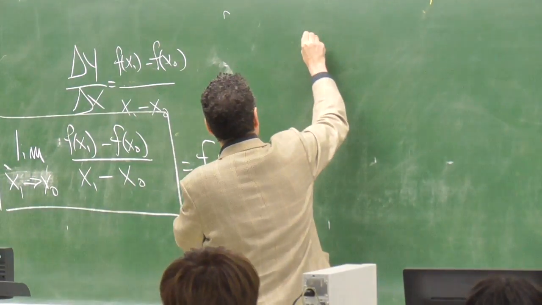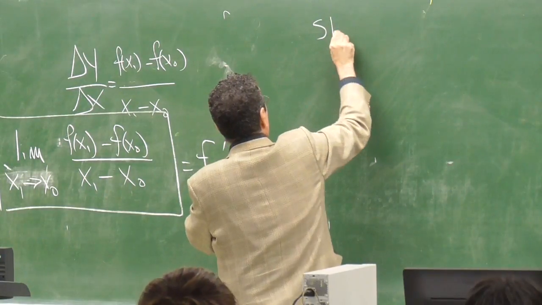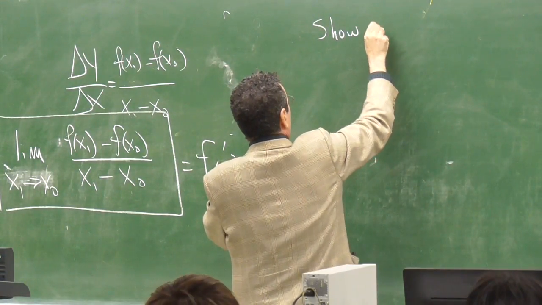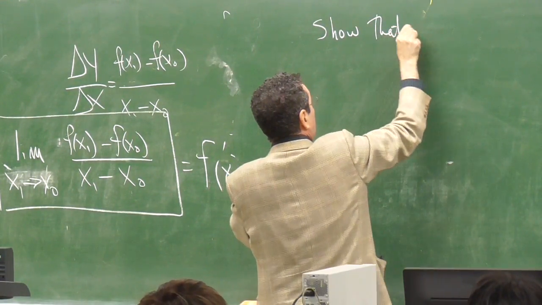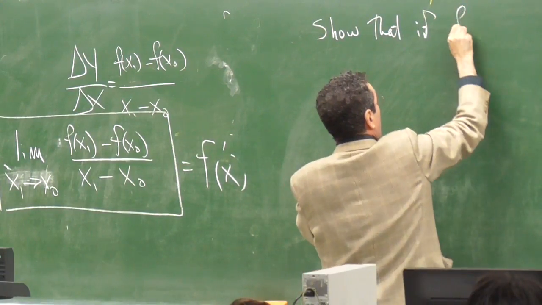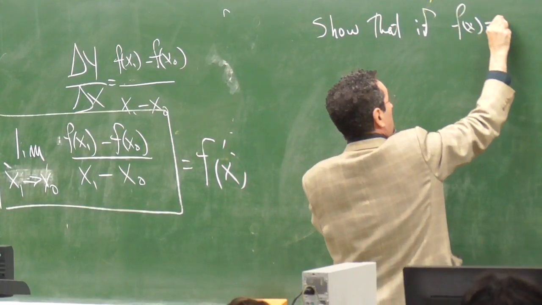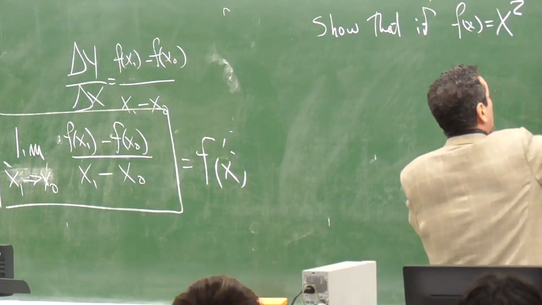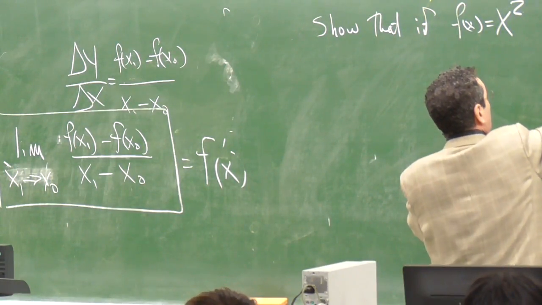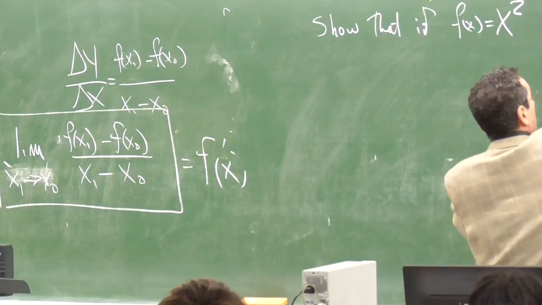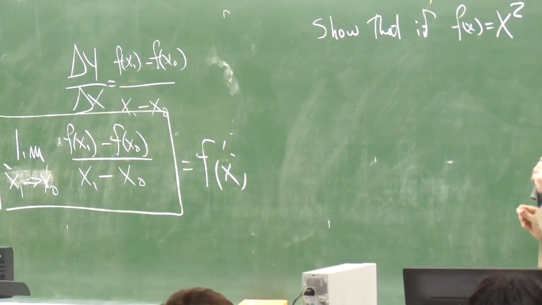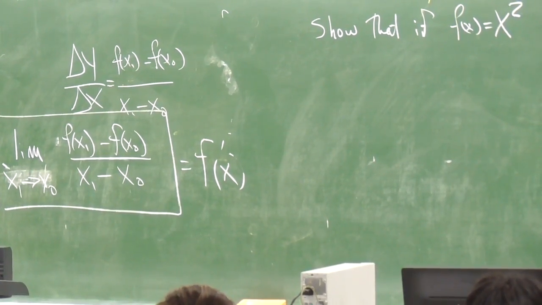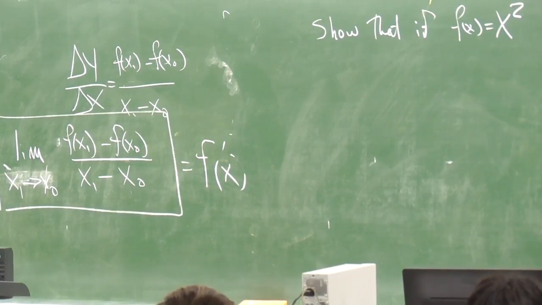I want to show that if f of x equals x squared, then f prime equals what? 2x. I told you these formulas before, right?